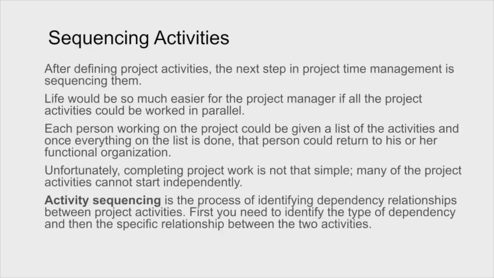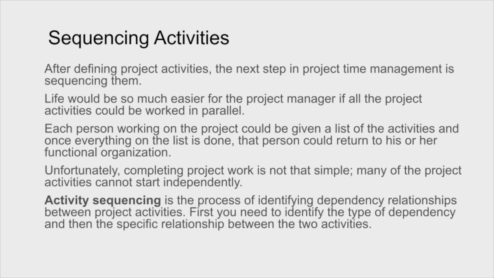So now that we know what activities are, we got to think about sequencing these activities in order to develop the project. So life would be so much easier if all the activities could be done at the same time by different people, and we wouldn't have to worry about it. You know, it's just you do your thing, I'll do my thing, we'll get it all done, then we'll all bring it together. It doesn't necessarily work that way.